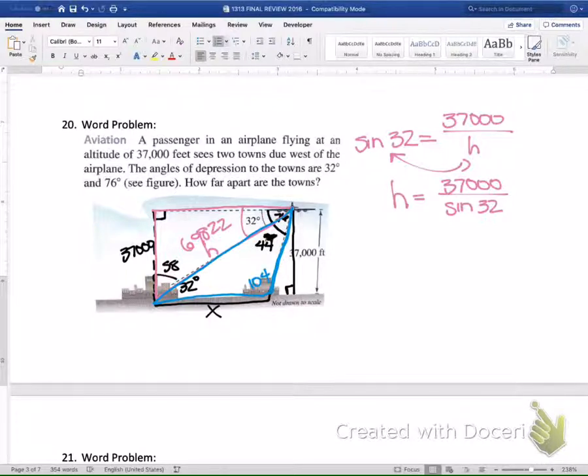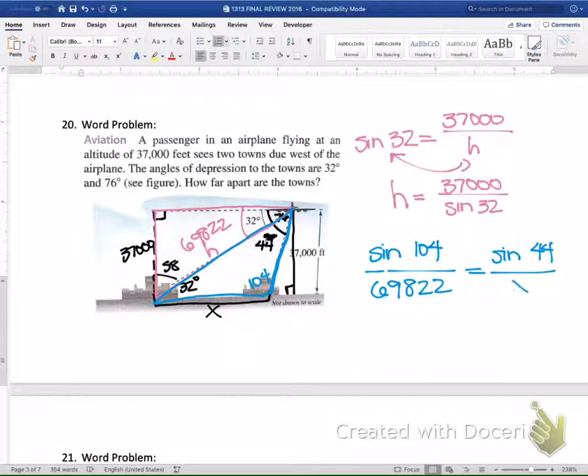And I can use what law to solve for the side that I want? Sine. I'm going to set up sine of 104 over that 69,822 that we just found equals sine of 44 over x.